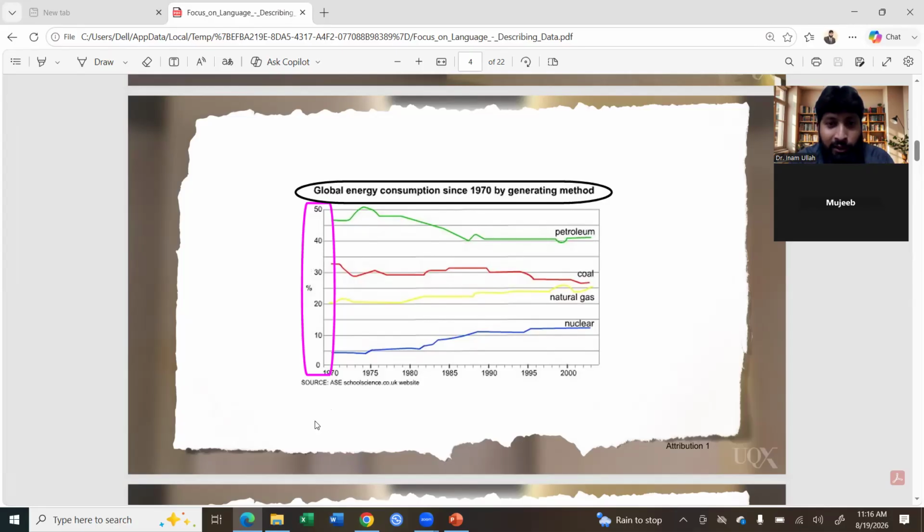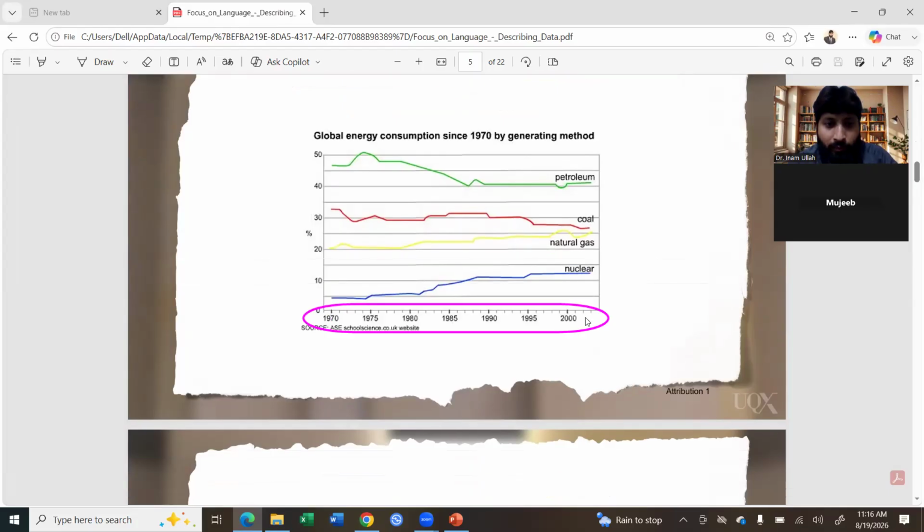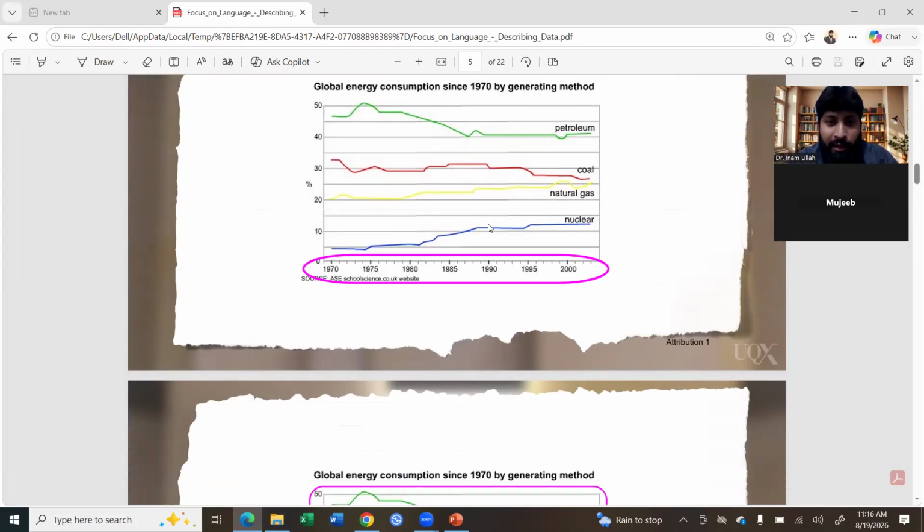The similarity is that natural gas and nuclear energy, both of them are similar. Why? Because they are moving upward. Petroleum and coal are similar. Why? Because both of them are coming downward. So this is comparison of similarities and differences. Now, here we have a time frame. The time frame is mentioned, as I have already told you, 1970s to 2000, right?